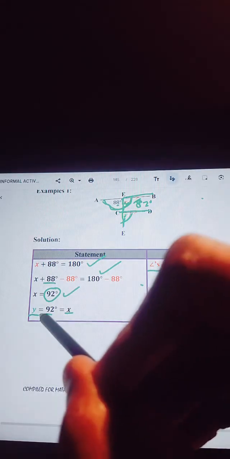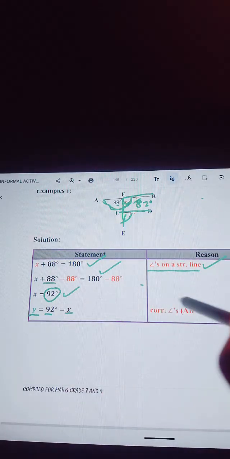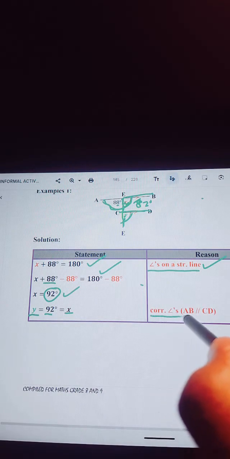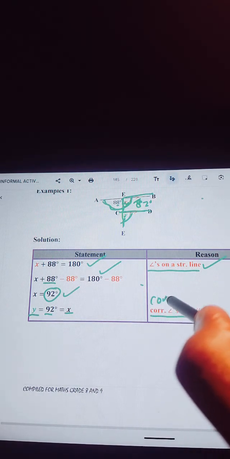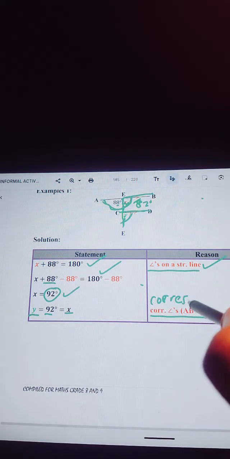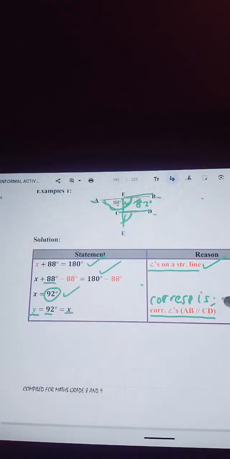Therefore, we can say y is equal to 92. Reason, corresponding angles. The acceptable reason document says corresp angles. Then we state the lines that are parallel. AB is parallel to CD.